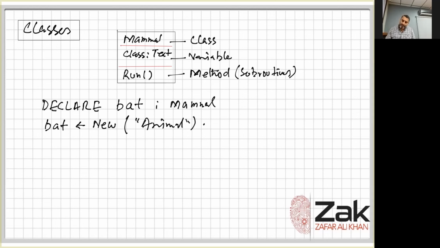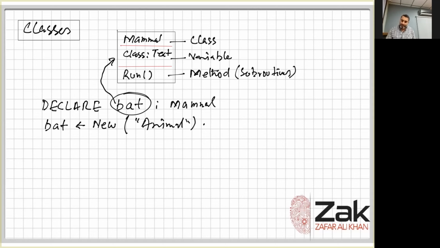So this will create a bat object, which is a working instance of the mammal class in the computer's memory. That is how classes work.